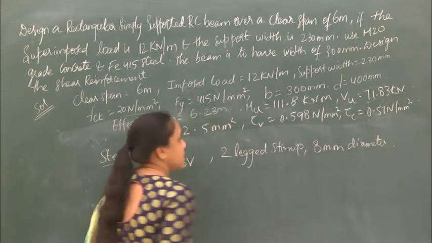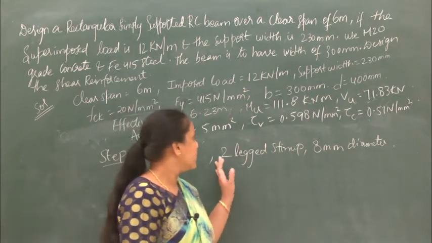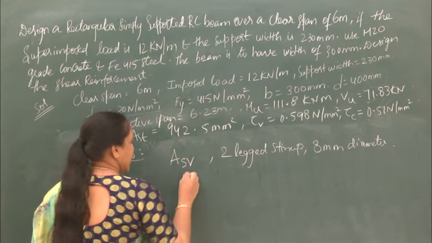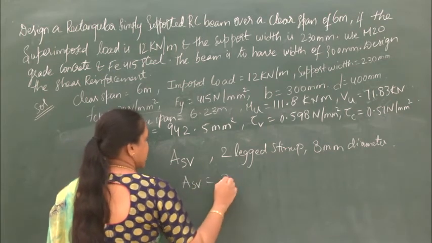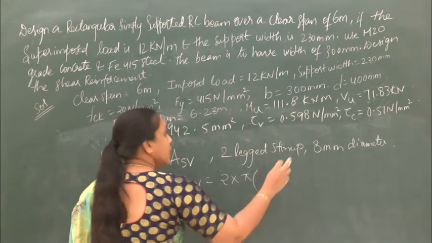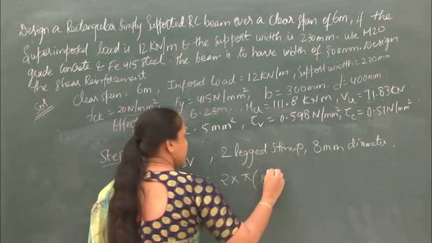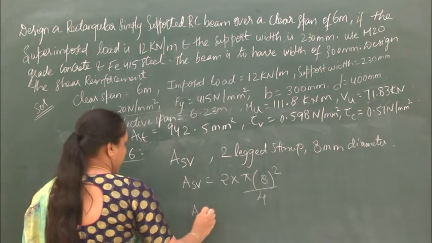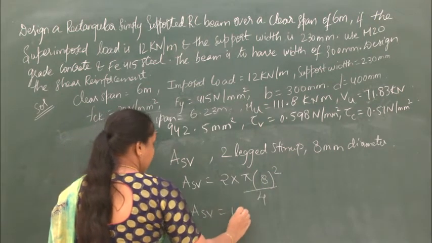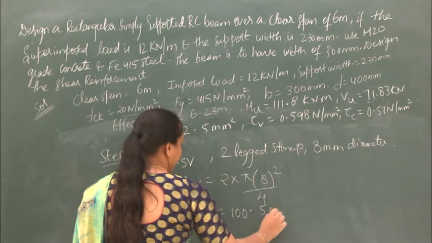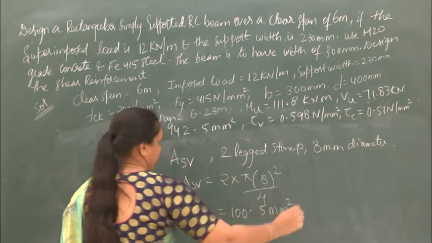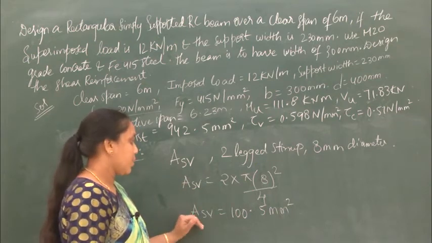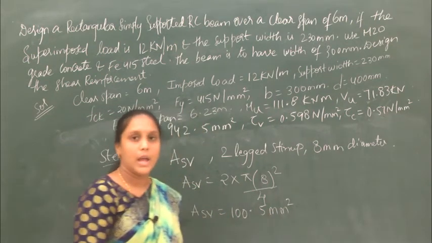So I can calculate the value of ASV as 2 into pi d square by 4. D is here 8, so 8 whole square divided by 4, which will give you a value of ASV of 100.5 mm square.